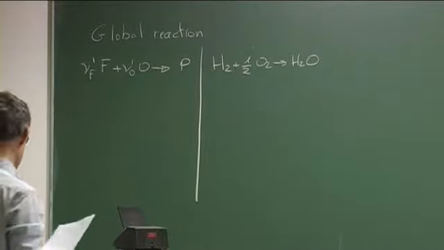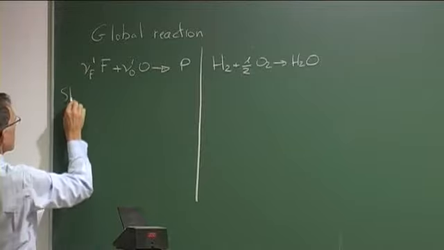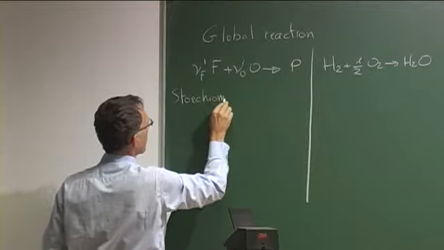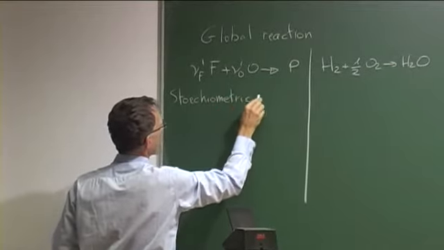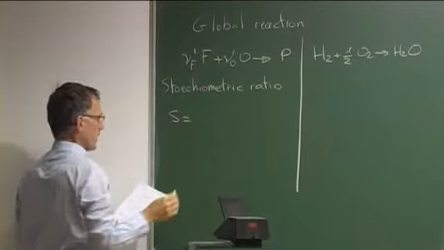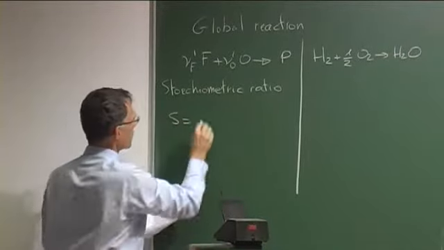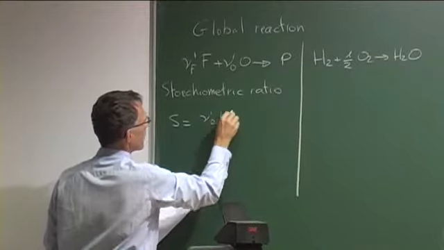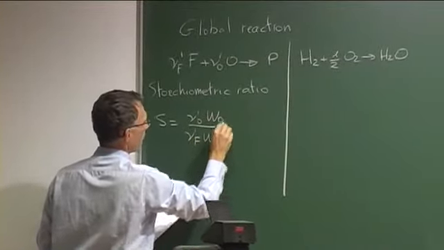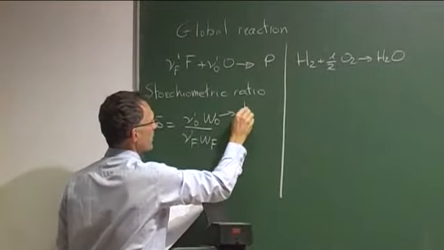So let me introduce right away a notion which is the stoichiometric ratio, which is called S. And S is nu prime O times W_O over nu prime F times W_F, those things here are the atomic weights.